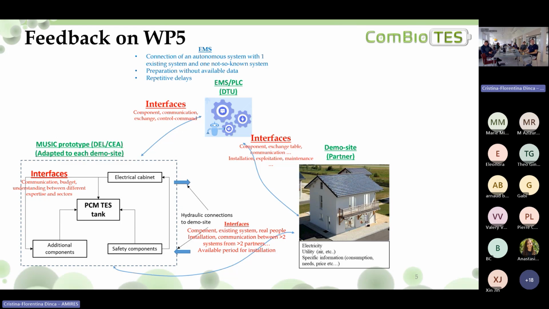But if we continue, for example, just for the EMS, we have to know, for the person developing the EMS, you have some questions about the connection of a so-called autonomous system. You have to connect this so-called autonomous system in an existing system, with a not so well-known system, because it was not built at the time the EMS is developed.